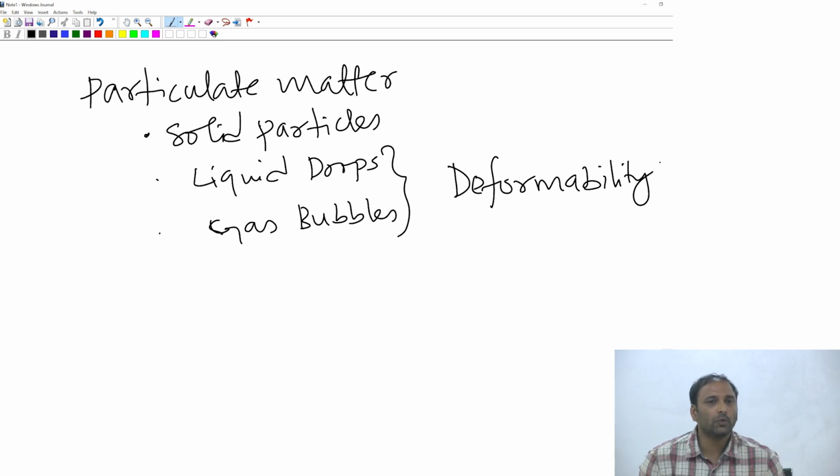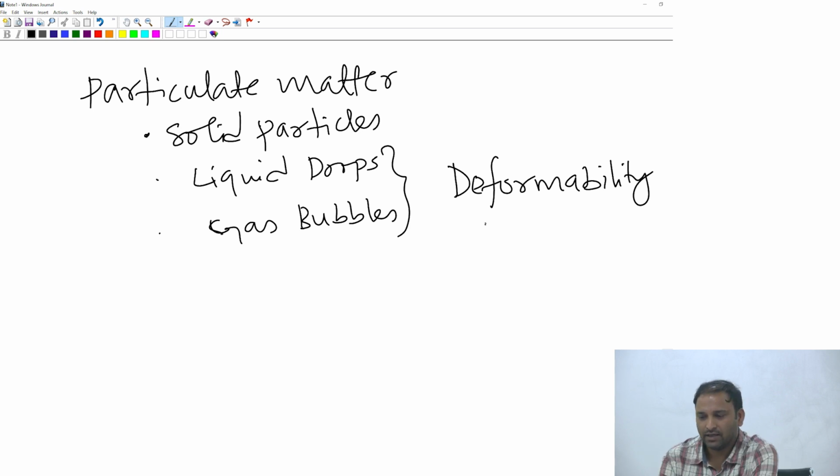Because when you're working with solid particles, under certain conditions you can assume that they will remain rigid and hard, and retain their size and shape during the processing operation. But if you consider liquid droplets or gas bubbles, they could deform.